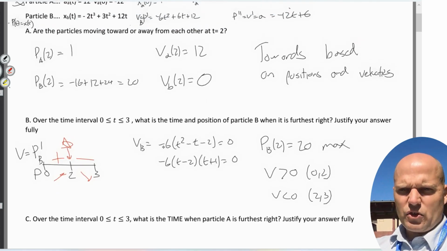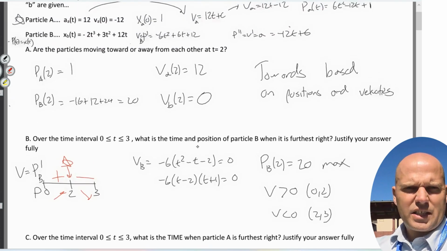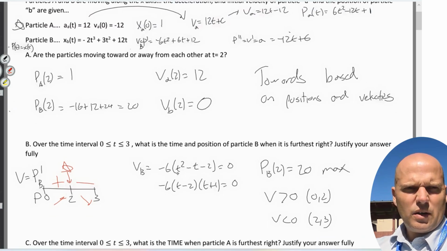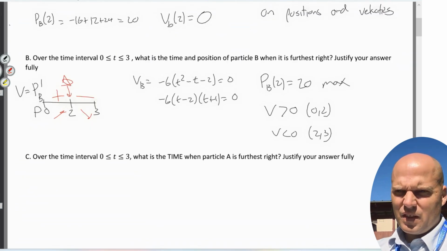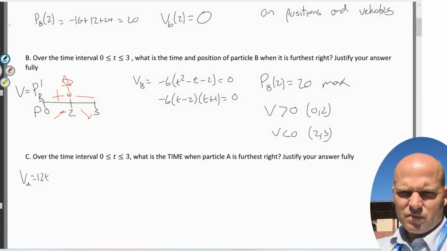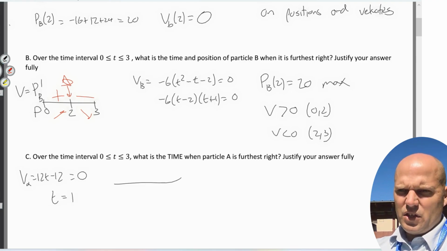What is particle A furthest right? Let's go to particle A's velocity, 12t minus 12, and then we've got particle A's position. Setting that equal to 0, you get t equals 1. So we'll do our sign analysis of the derivative.